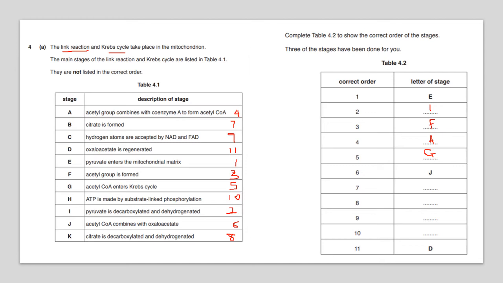Where is number 7? 7 is B. So this would be JB. And then 8, where did we say 8 is? K. So that would be K. And then 9, we said the hydrogen atoms would be accepted, so that would be C. And so 10 would be H.